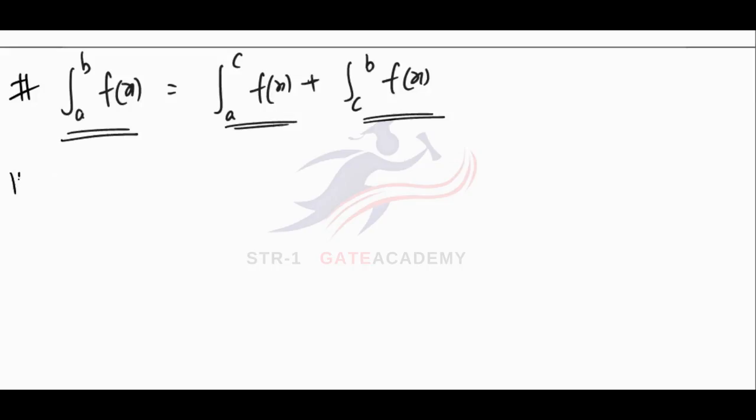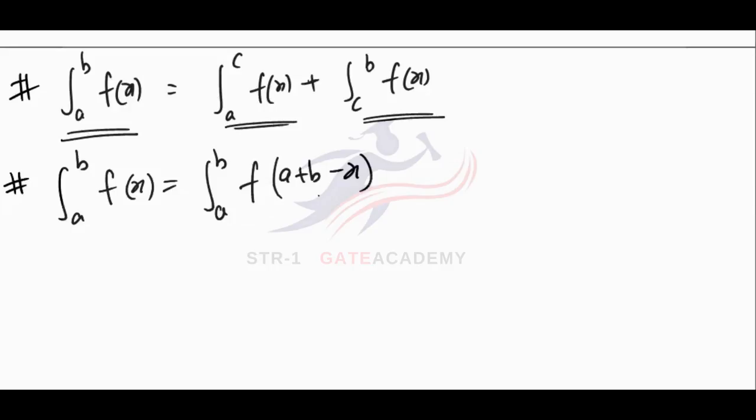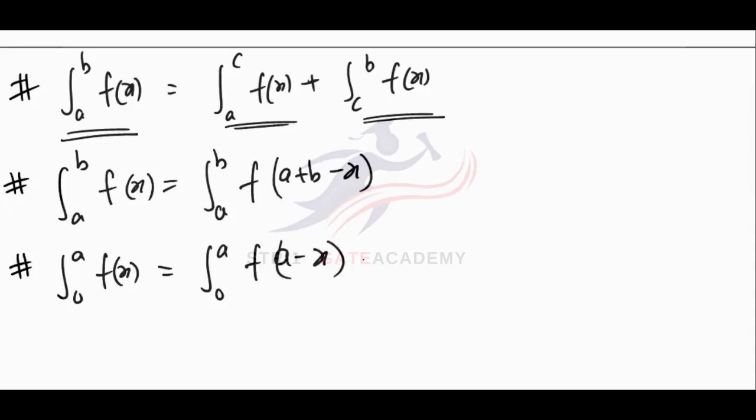Similarly, integration from a to b of f(x) can also be written as a to b of f(a plus b minus x), a standard rule. Similarly, 0 to a of f(x) can be written as 0 to a of f(a minus x) dx, right?